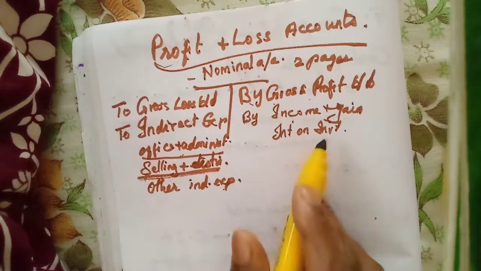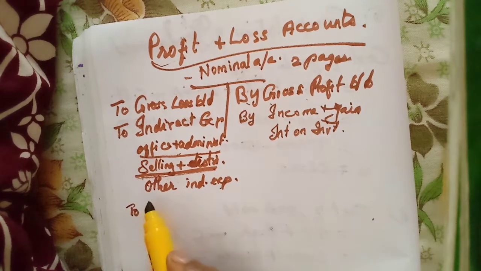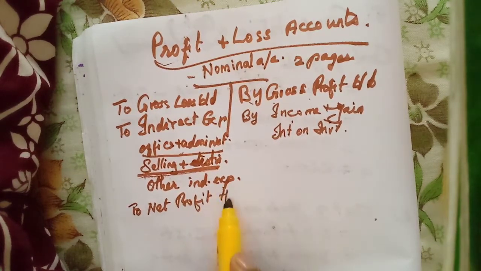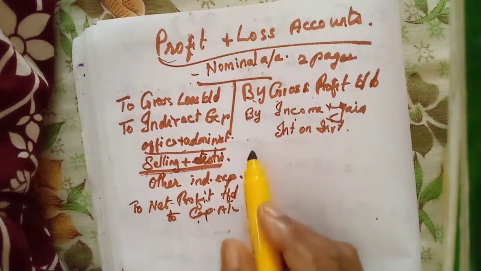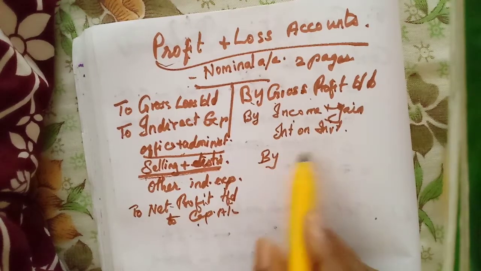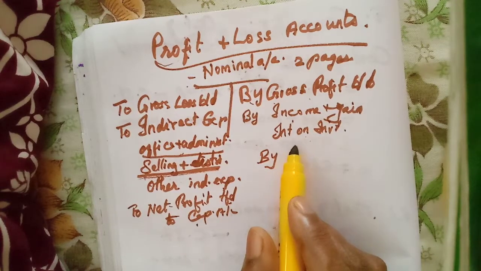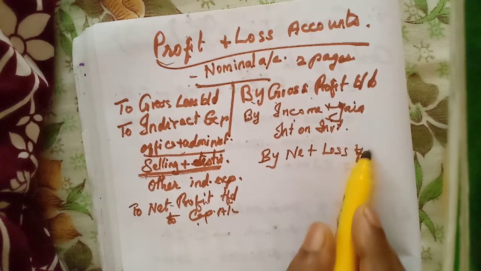If the credit side, the income and gain, is more than the expenses, that is called net profit. We have to write net profit transferred to capital account. We have to add this net profit to the capital account. If the debit side is more, the difference will be on the credit side, and there we should write by net loss transferred to capital account.